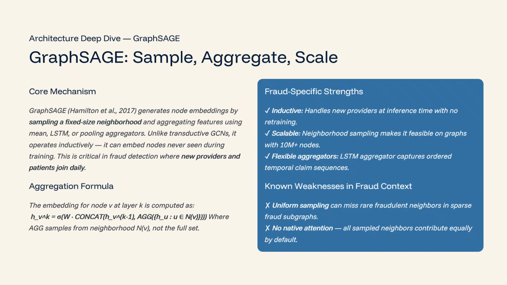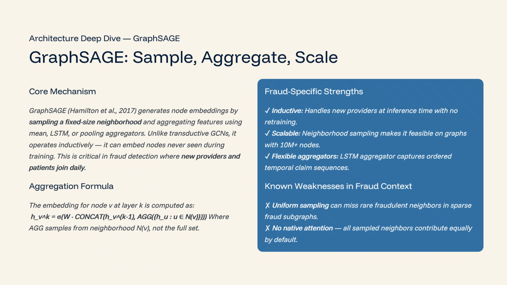GraphSAGE's core innovation is inductive learning through neighborhood sampling. Instead of computing embeddings over the full graph, which doesn't scale past a few million nodes, it samples a fixed size neighborhood and aggregates those features. Here's what is genuinely underappreciated about this for fraud detection.